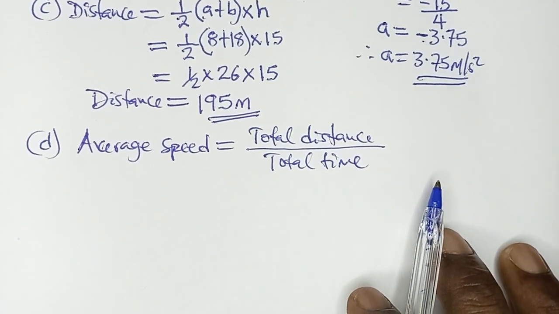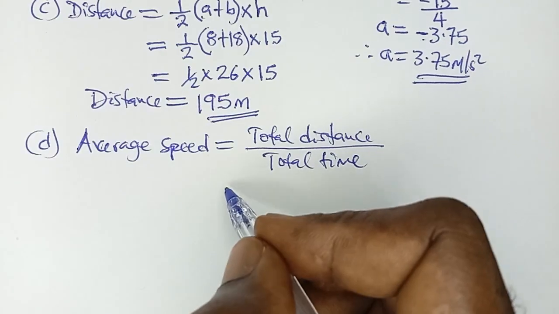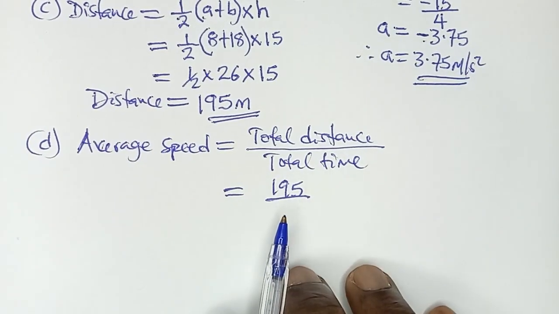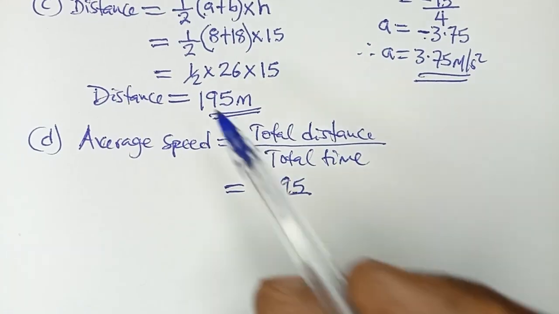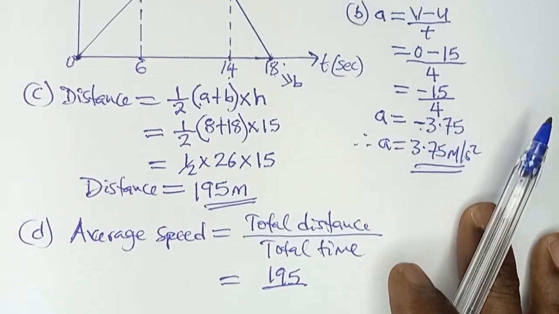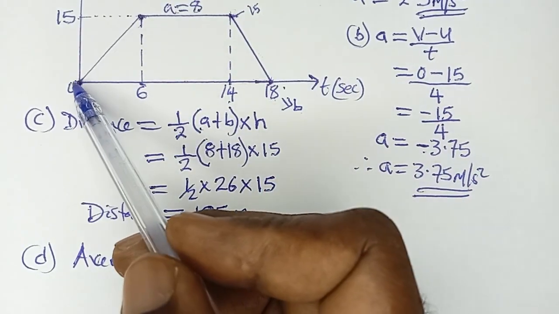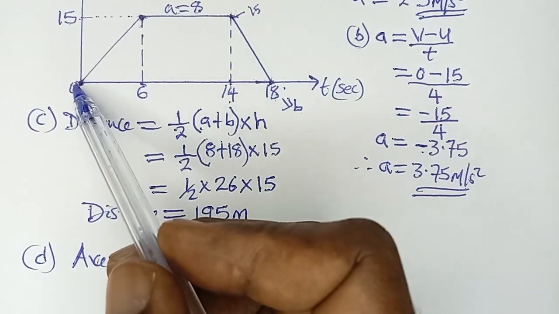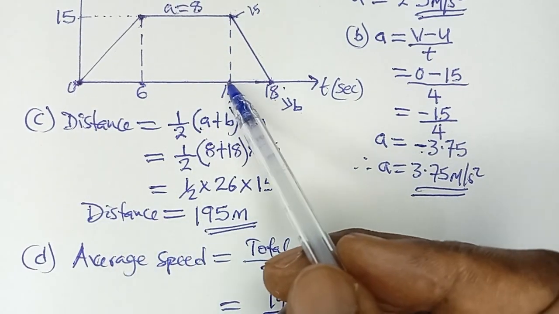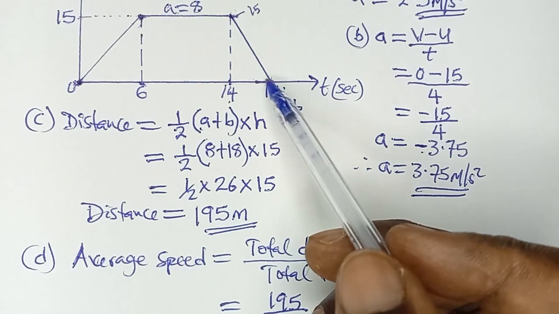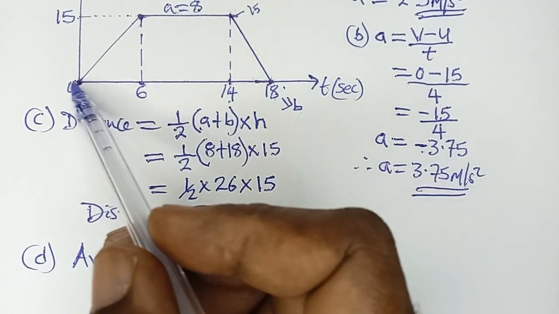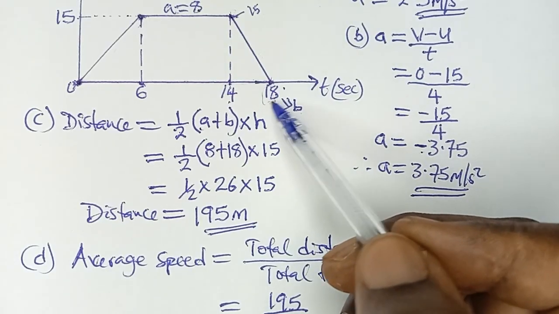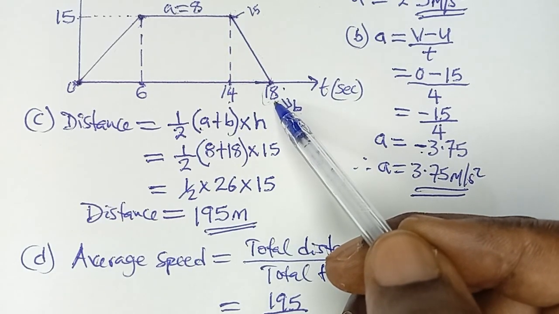Now, the total distance we just calculated as 195. That is the total distance, 195. And what's the total time? From our graph, we can see the total time is this very last value here, 18. So we have 6 added to 8 added to 4. Everything that you see in the question, all the time given to us, adds up finally to 18. So the total time is always this last number that you have here, which is 18.